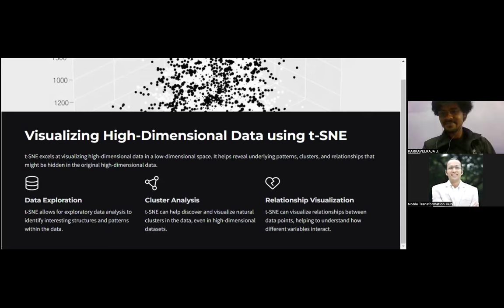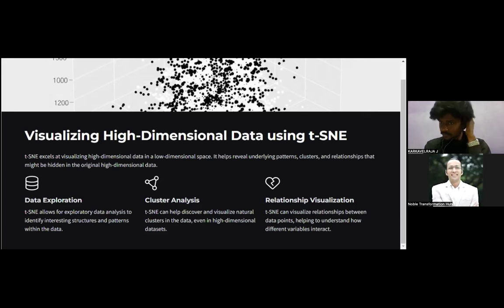Visualizing high dimensional data using t-SNE. t-SNE excels at visualizing high dimensional data in a low dimensional space.